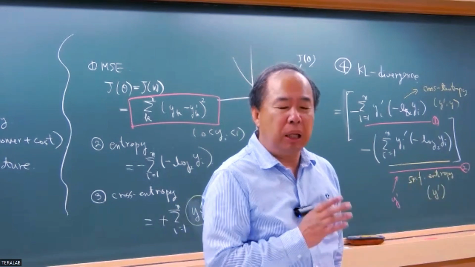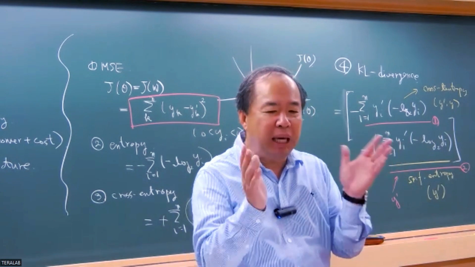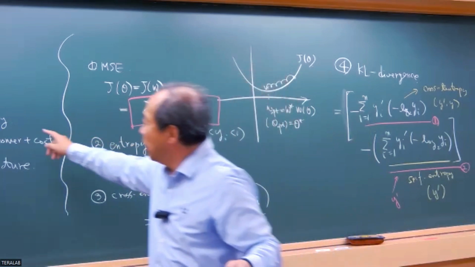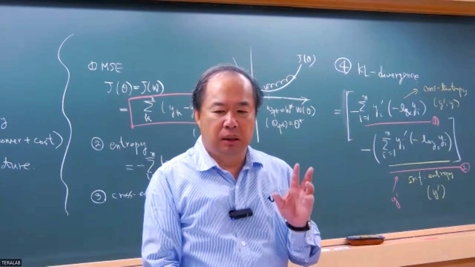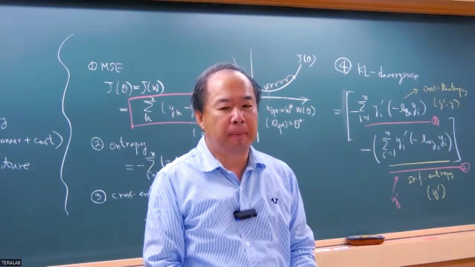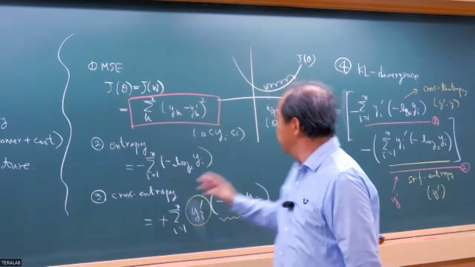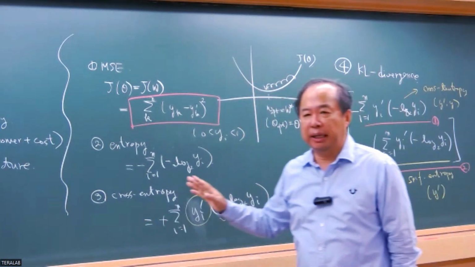But there are some problems associated with this approach. One of them is we have to have a very good gradient so that we can effectively reach an optimal point. And yeah, I forgot what I wanted to say, but this is the overall picture of our class today.